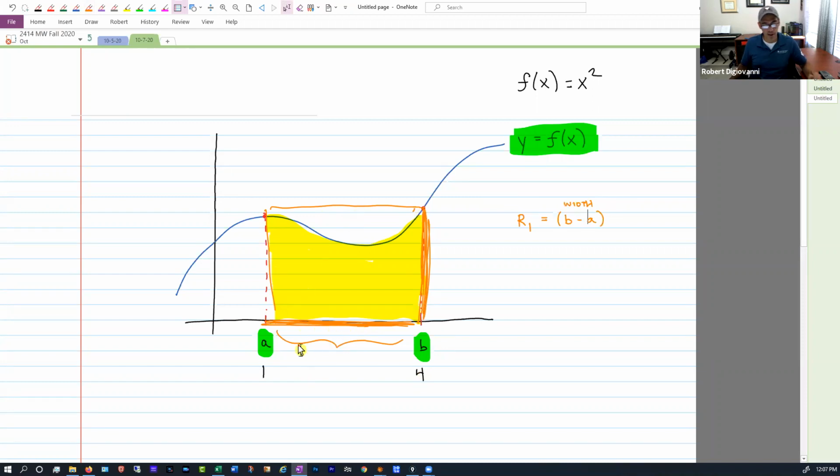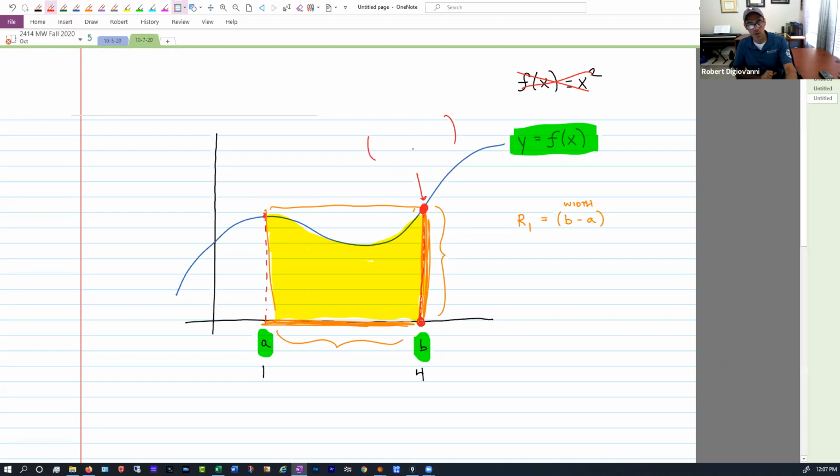Now, how tall is this rectangle? Well, where is the corner of the rectangle? It's right here, right? And that's on the curve. And that point came from plugging this point into the function, and it spit that number out, right? So can someone tell me in terms of the function what that is? Not x squared, just generally in terms of the function, what point is that?